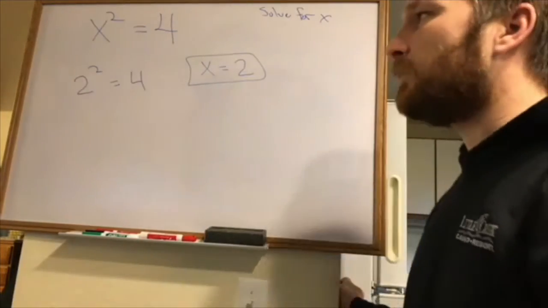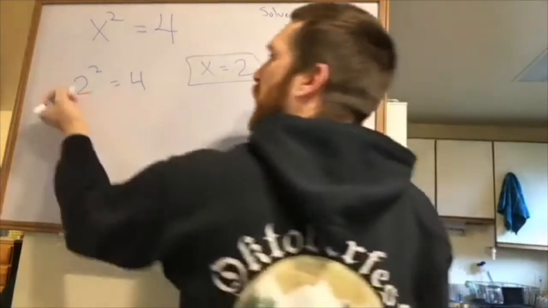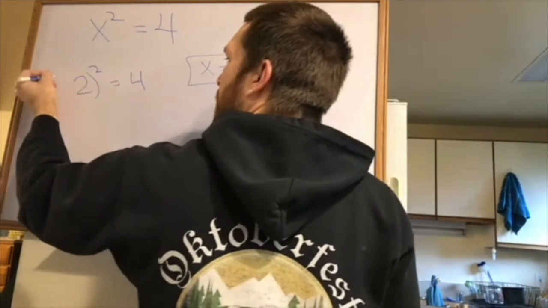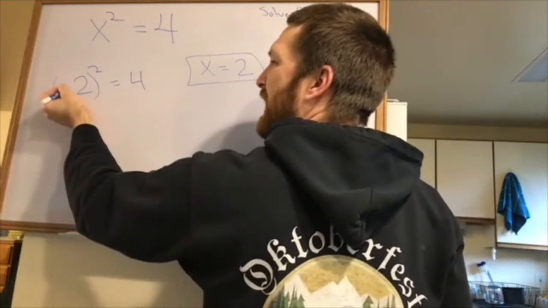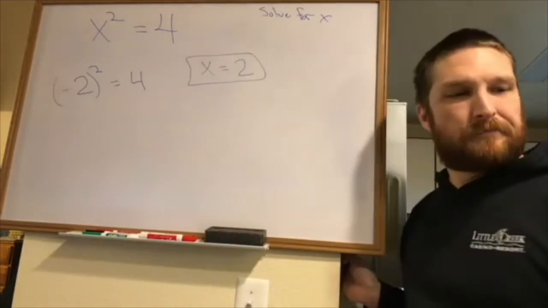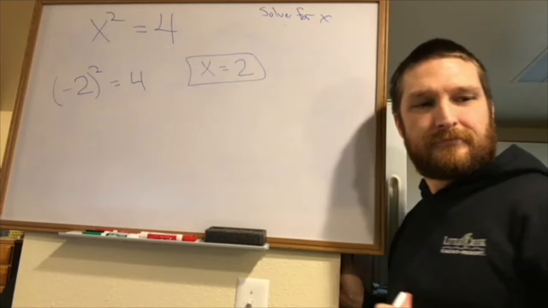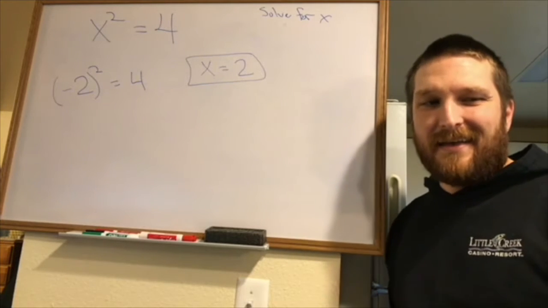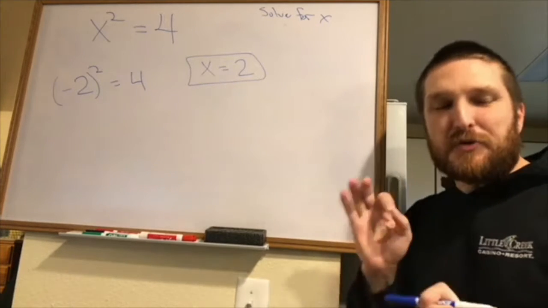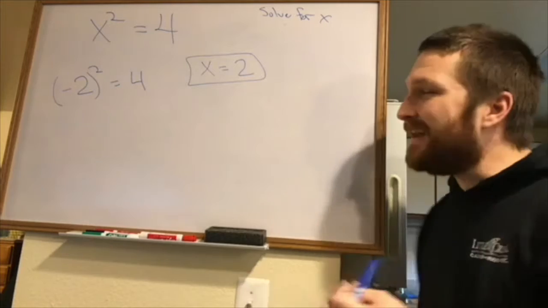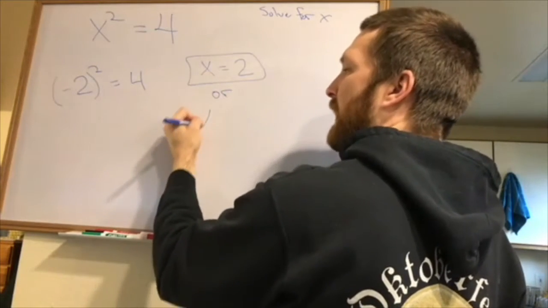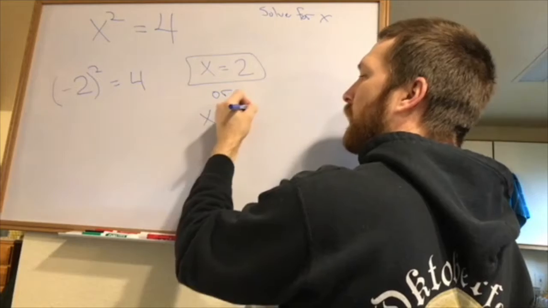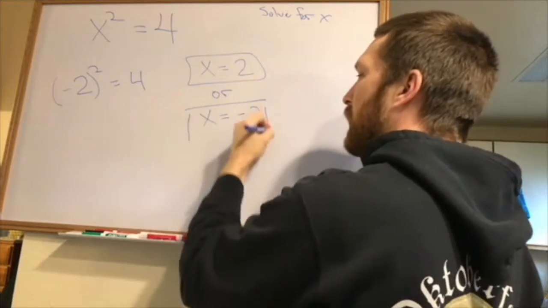But does that only work for positive 2? I guess what I'm asking is, does negative 2 also work? Yes. And so we actually get two possibilities, right? Negative 2 also works. So we have to say x is either equal to 2 or x is equal to negative 2.